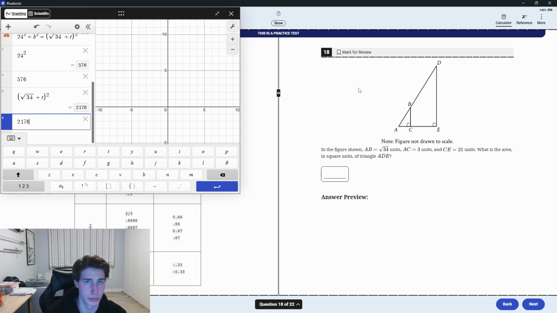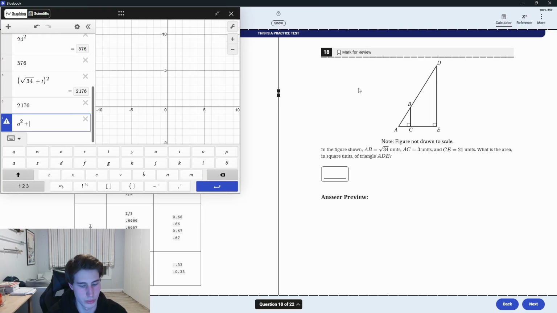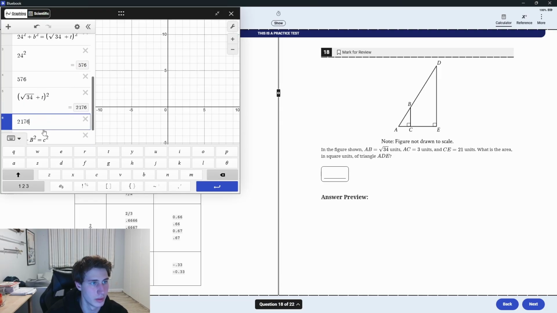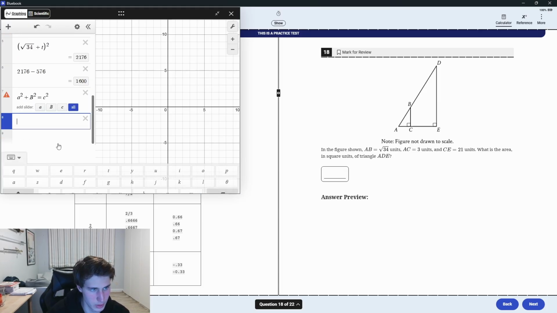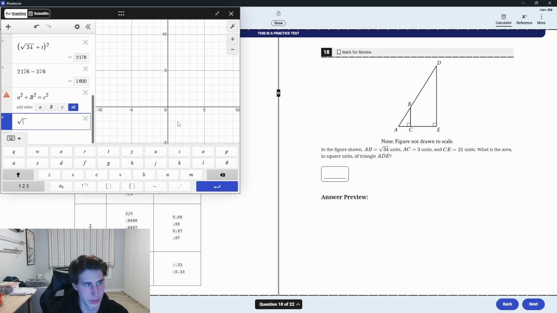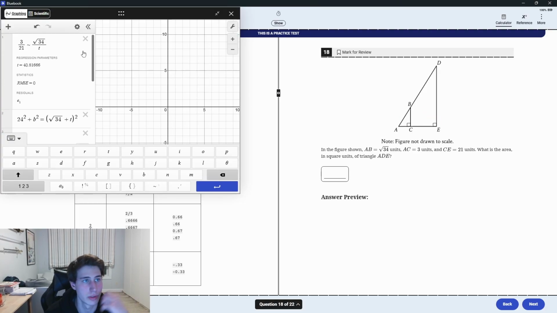So that's our C. Now we're trying to find our B. So we need to isolate our B, because if it's A squared plus B squared equals C squared, and we have our A and we have our C, we need to isolate our B by subtracting over our A. So in this case, we can take 2176 minus 576, and we get 1600. So now, what is the square root of 1600? That is 40. Okay, so now we have our height and we have our base.